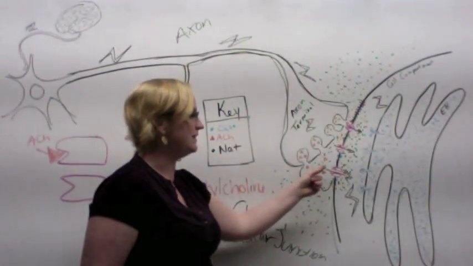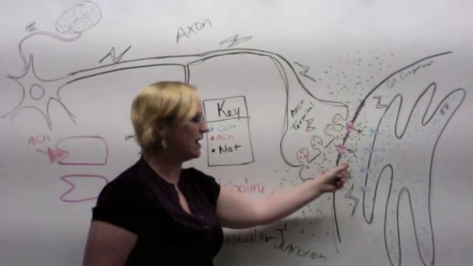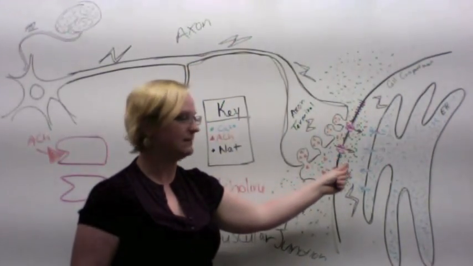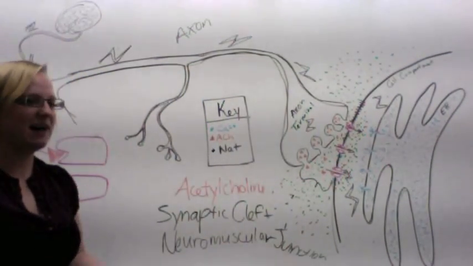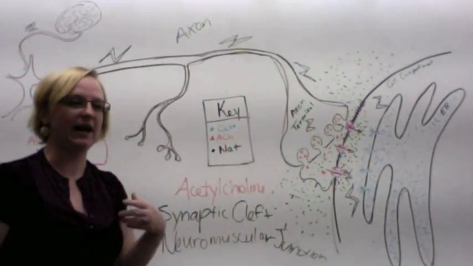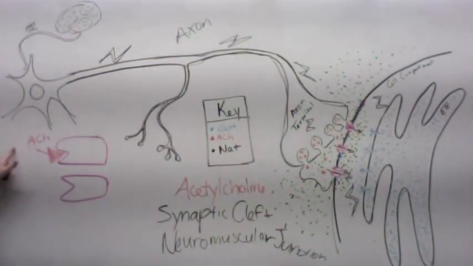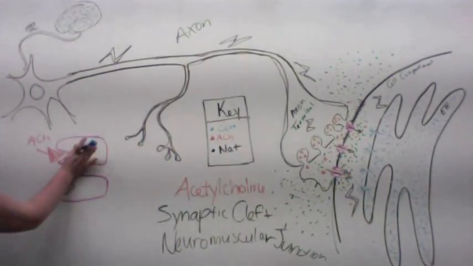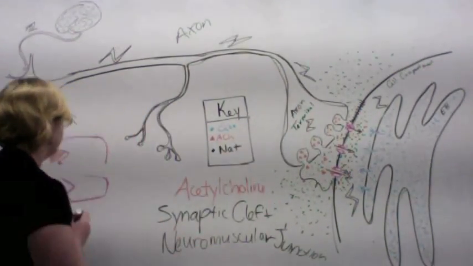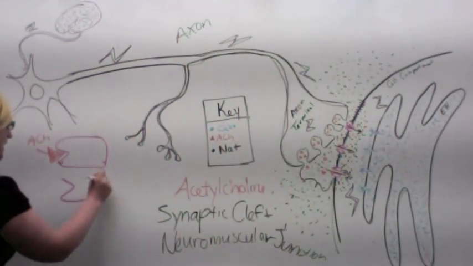The acetylcholine is released into the synaptic cleft where it can interact with the motor end plate. The motor end plate has acetylcholine receptors which function as channels. That just means a place for ions to flow through. So we have acetylcholine bind onto that receptor, and before it binds, remember, it's closed, right?